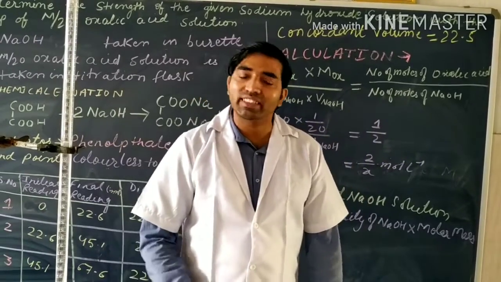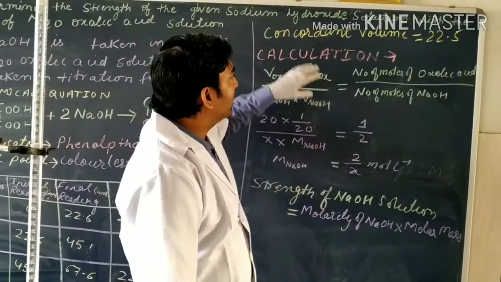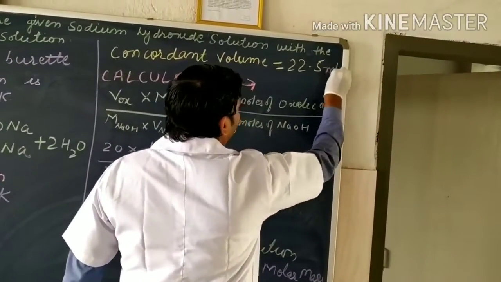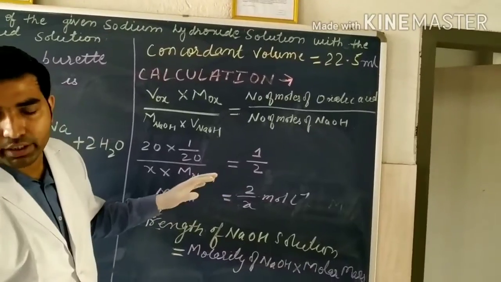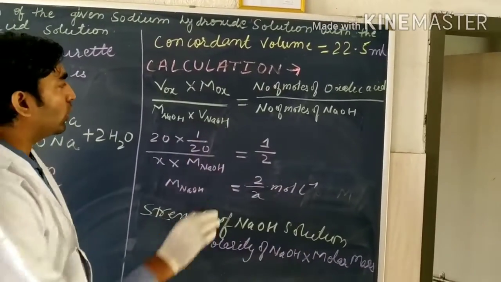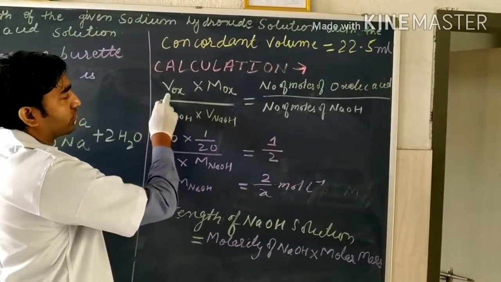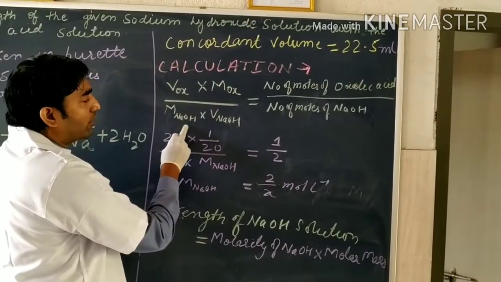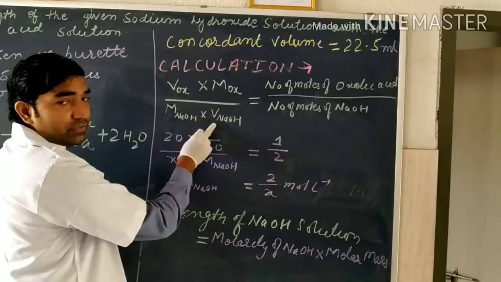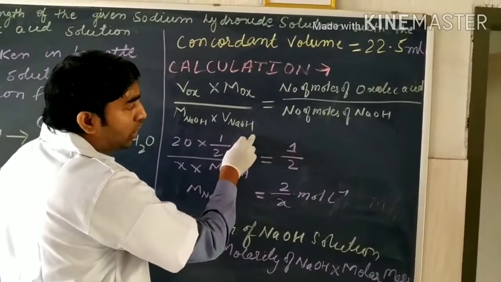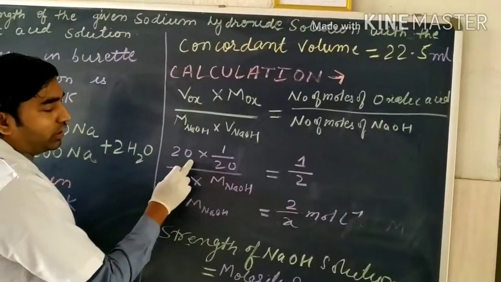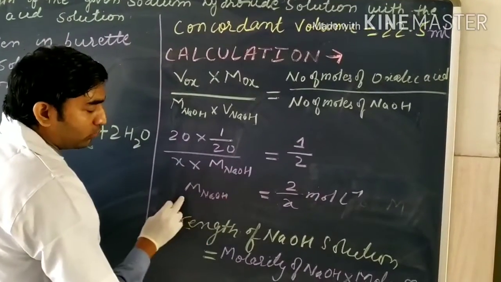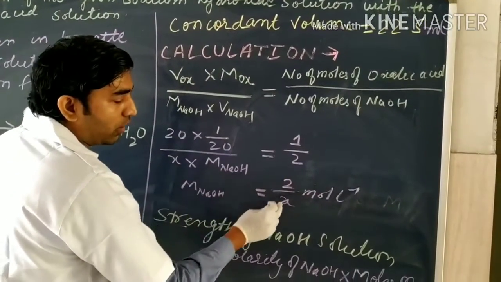Now move to the calculation part. As the concordant volume is 22.5 ml, we have to calculate the molarity of NaOH. The formula is V oxalic acid multiplied by M oxalic acid equals M NaOH multiplied by V NaOH, where M is molarity and V is volume. When we put the values, 20 into 1 by 20 equals x into M NaOH, we get the molarity of NaOH equal to 2 upon x.